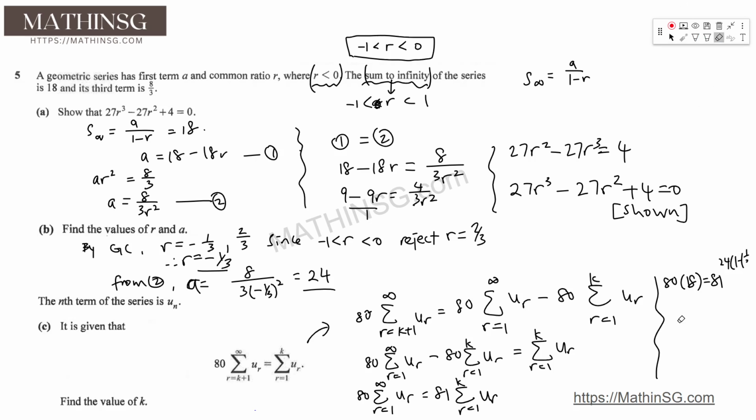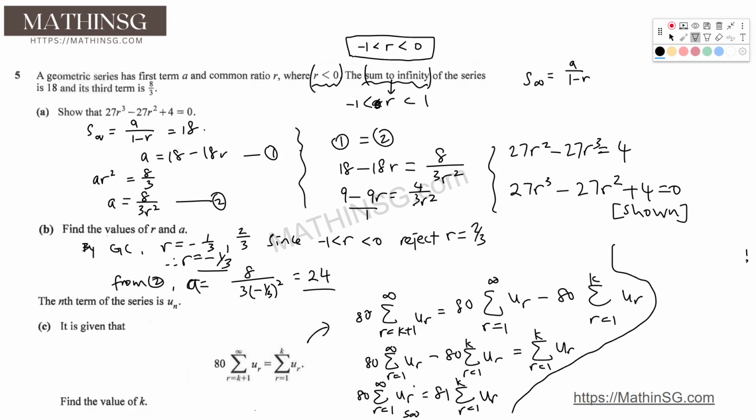Let me use more space. So I know this is the sum to infinity, and this one here is the sum of the first k terms. The sum to infinity is just what is given here, 18.